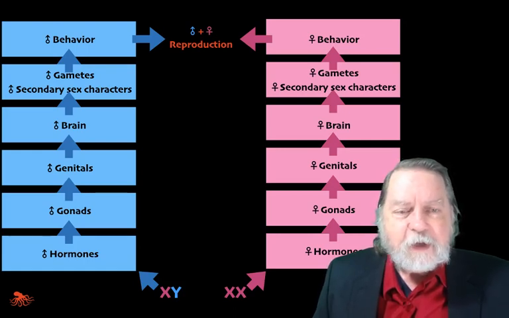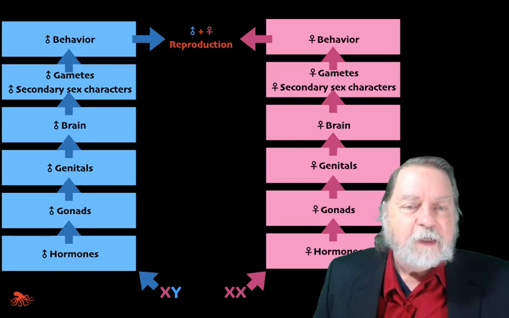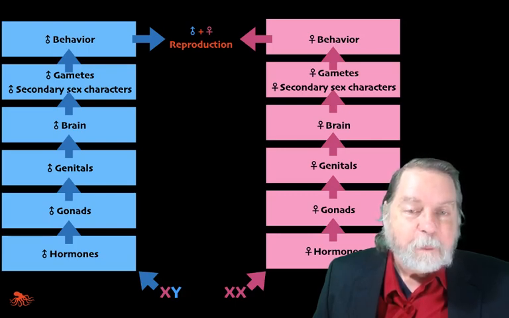And this in many ways is inappropriate because what we're dealing with is tissue in individuals who have inherited either pair of sex chromosomes that responds to factors in the environment.